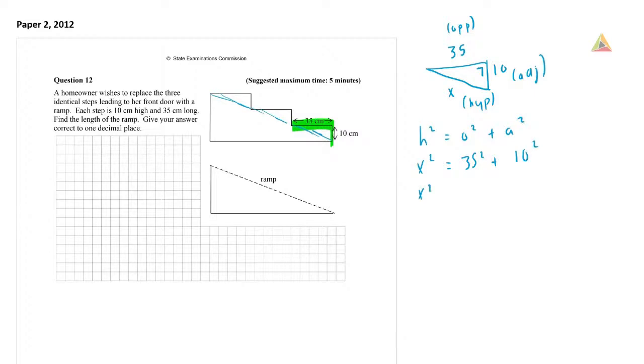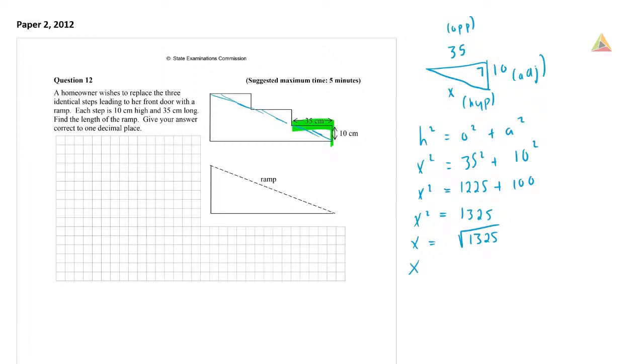So x squared is equal to, 35 squared is 1225, and 10 squared is 100. So x squared is equal to 1325. So to get what x is, it's going to be the root of 1325.